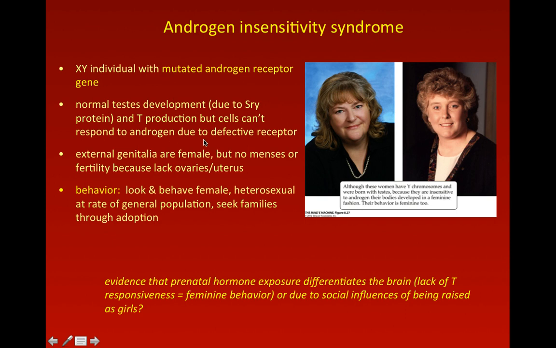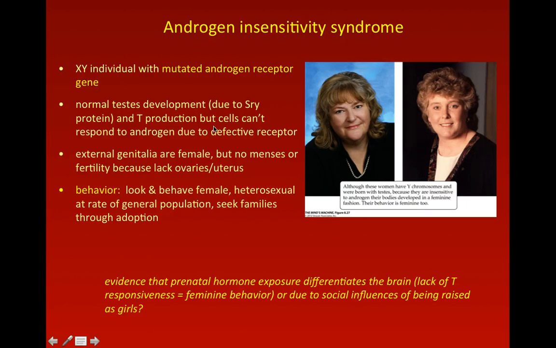Behaviorally, most of these individuals, such as those shown here, tend to look and behave as stereotypical female individuals. They're heterosexual at the rate of the general population, and they tend to seek families through adoption. So this again is a piece of evidence that maybe prenatal hormone exposure differentiates the brain.